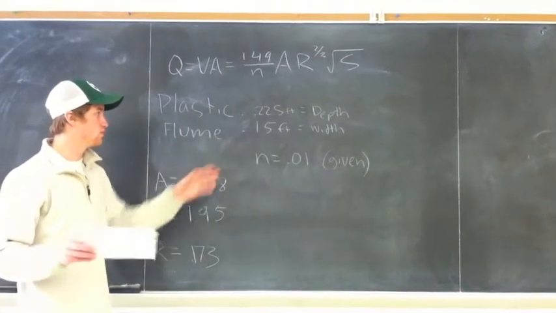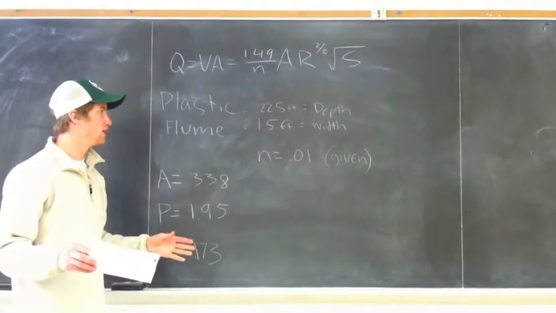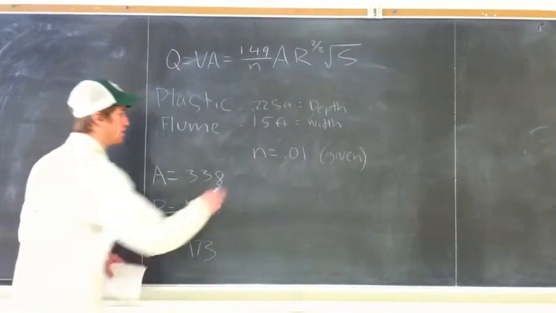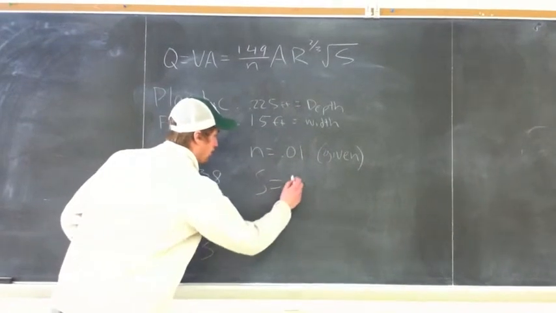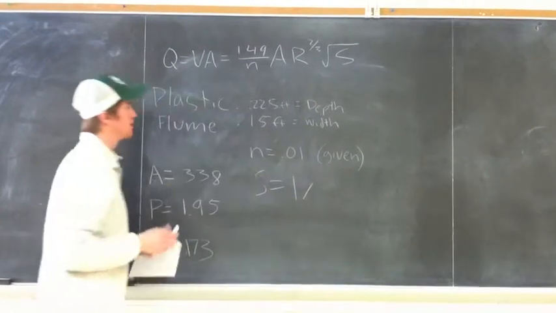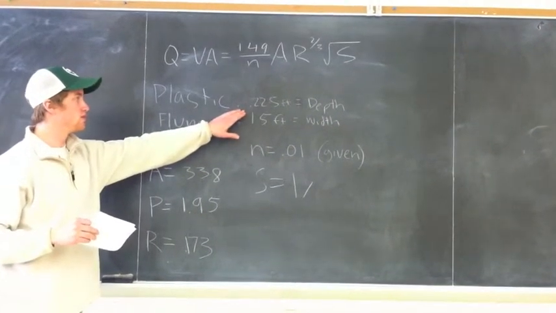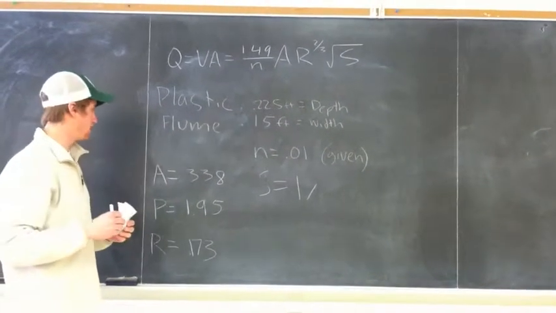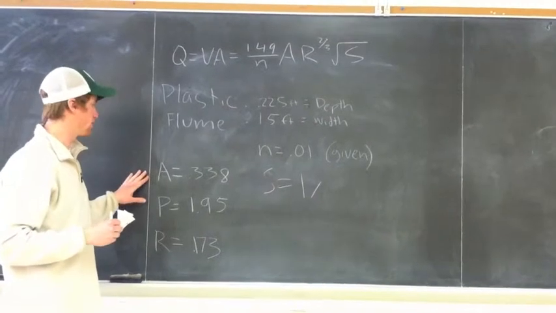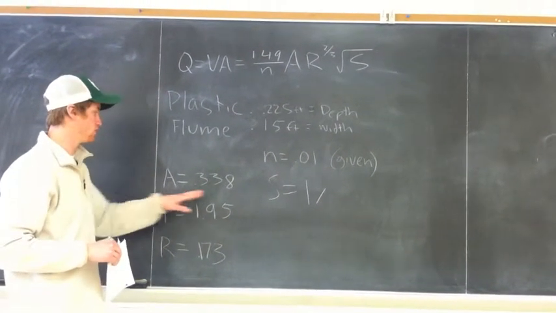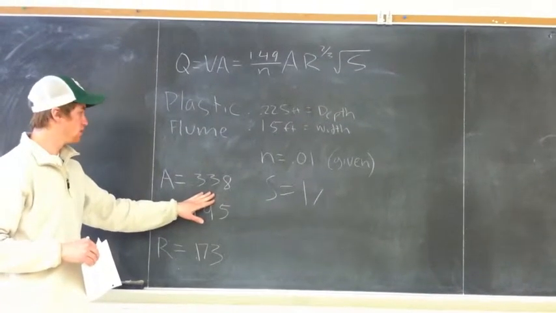The width of the flume was 1.5 feet, and the depth of the water running down at a slope of 1% was 0.225 feet.